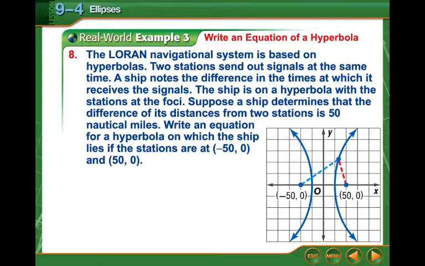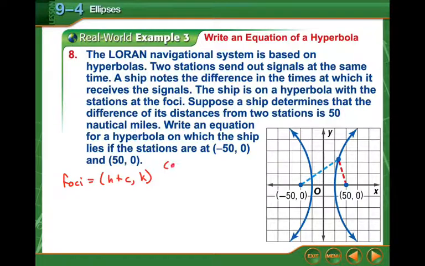And again, our foci, since this is given to us in a graph, it's horizontal. The foci are at h plus c, k. So since our k is 0, h is 0 as well, right? Because you can see in the picture the center is the origin.